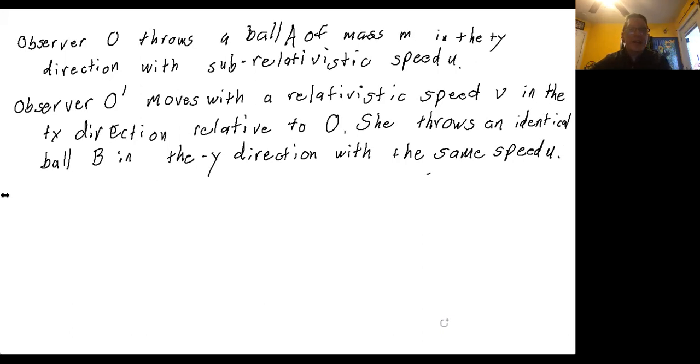So the balls collide elastically, so that they reverse direction but maintain their speed.